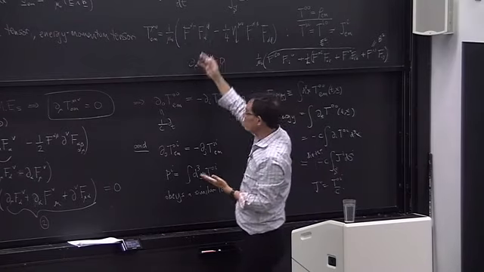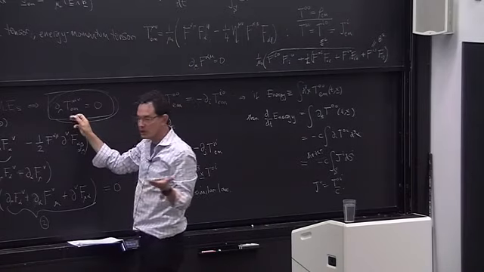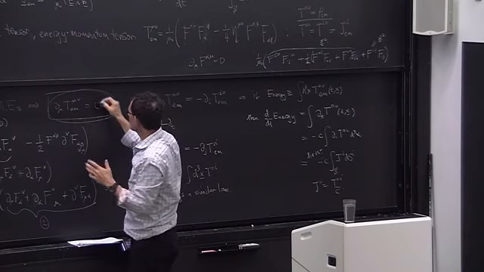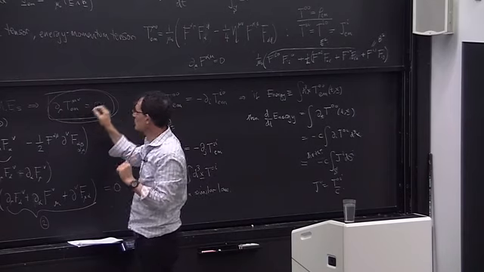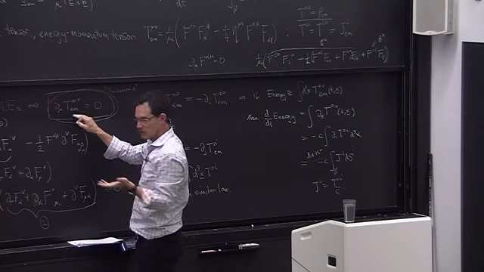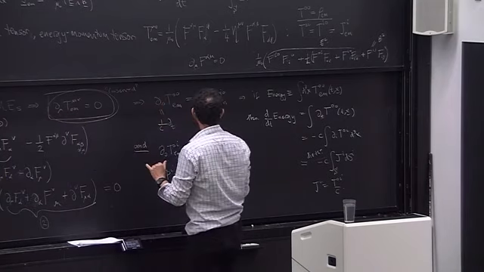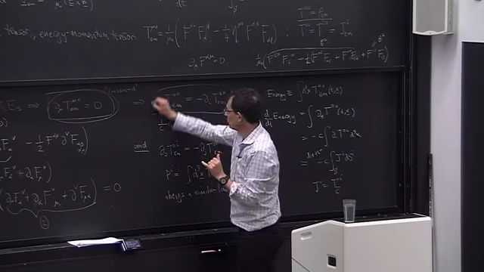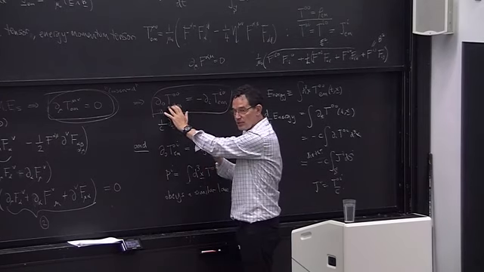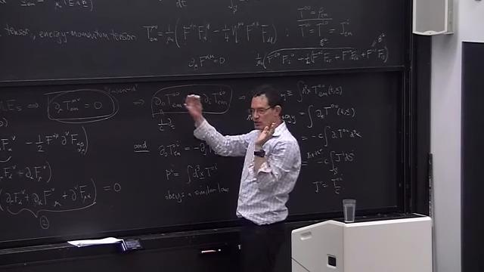Now, what I proved is that this expression obeys this simple equation. And we say that the energy momentum tensor is conserved if it obeys this equation. Okay, this is an equation for a conserved tensor. Why do we call it conserved? Well, if we have such an equation, we can write it this way, which means that the time derivative of its 0,0 component is the negative of some divergence.